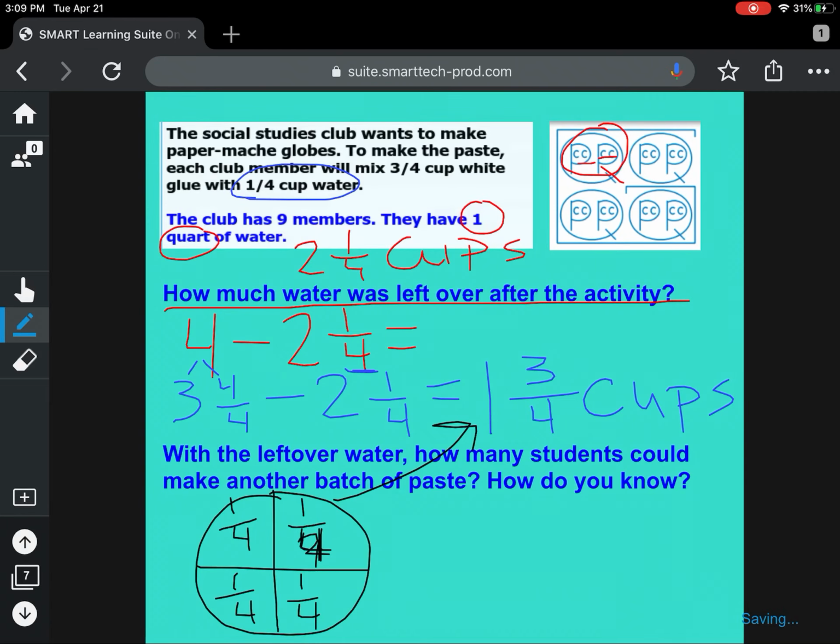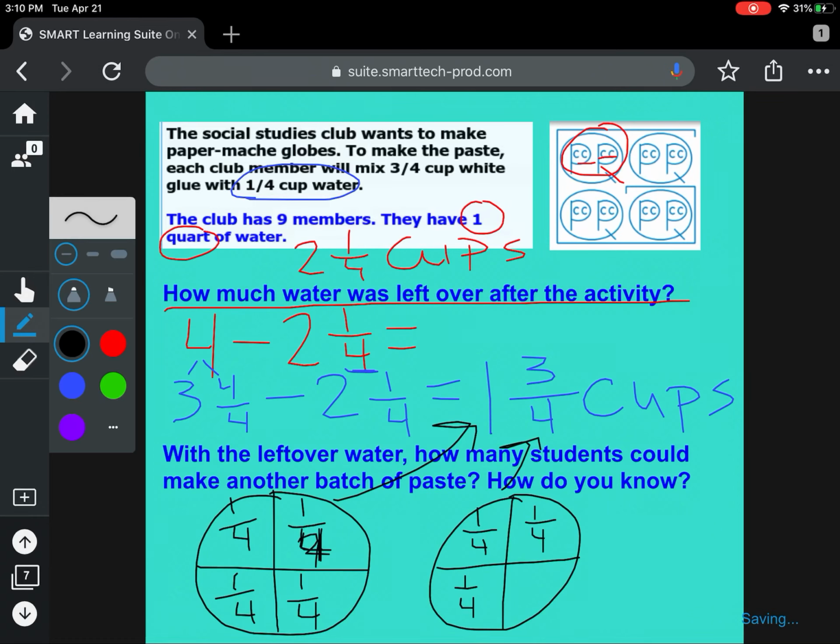So there are 4/4 within a whole. And then we need a circle to represent the fraction 3/4. So we've got 1/4, 2/4, 3/4, 4/4 in the first circle, and we need to represent 3/4 in the second circle. Here's 1/4, 2/4, and 3/4.